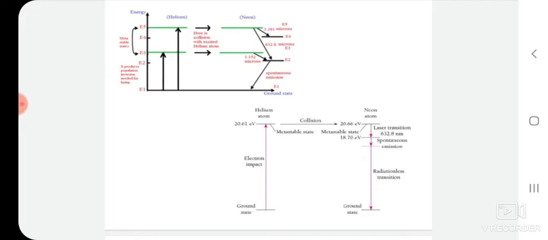And the purpose of the helium atoms is thus to help achieve a population inversion in the neon atoms.